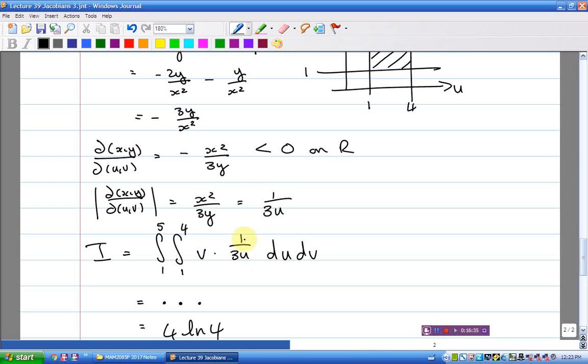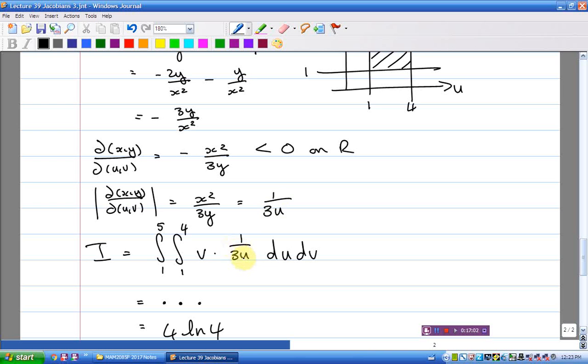Of course, as long as there are x's and y's there, we're not yet ready to integrate because the integral is only interested in u and v. But sometimes what you end up with cancels with your new Jacobian and relieves you of the pressure of having to change the xy Jacobian into a uv Jacobian. Those are fairly unusual, but there is an example like it in the handbook.